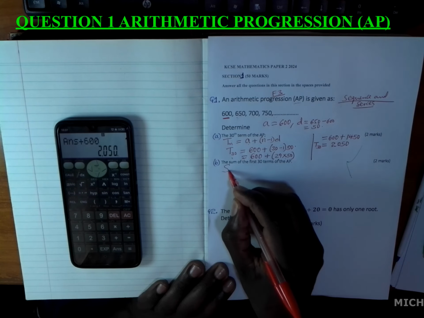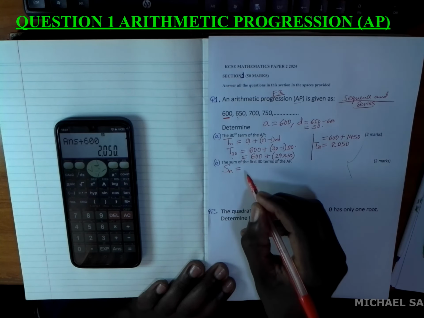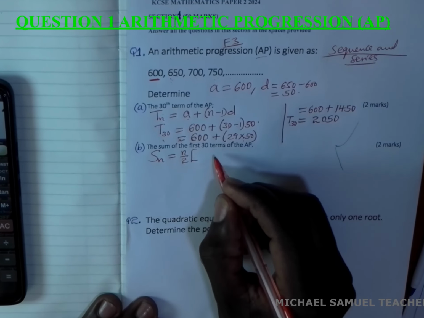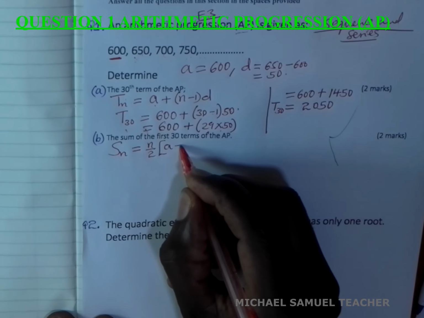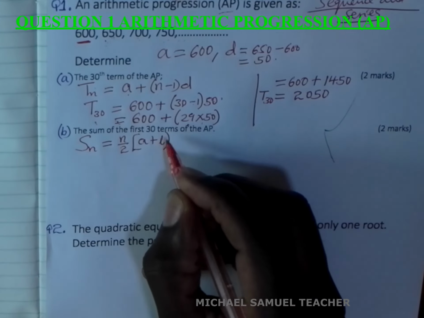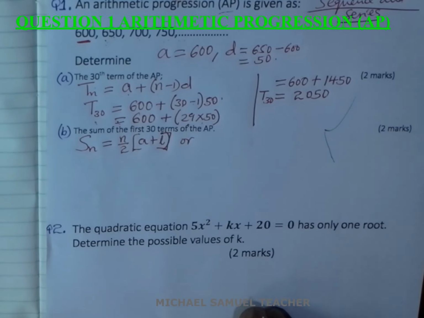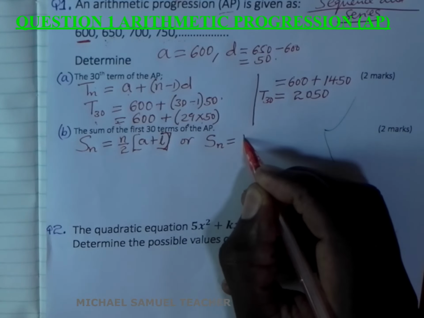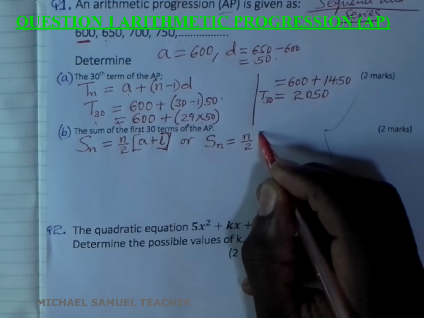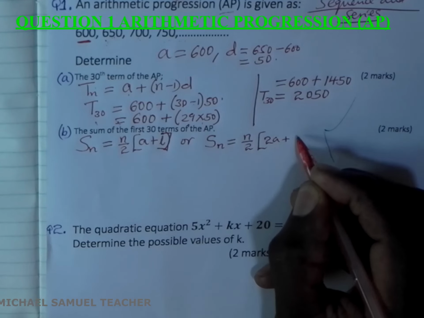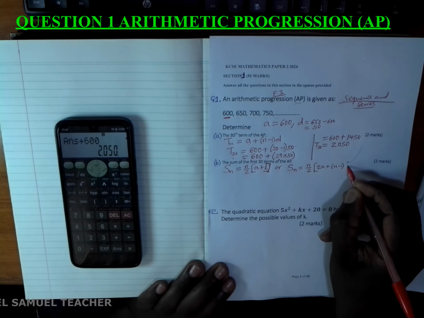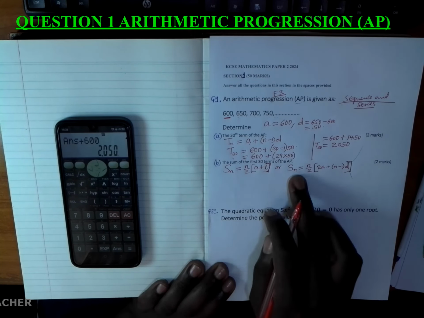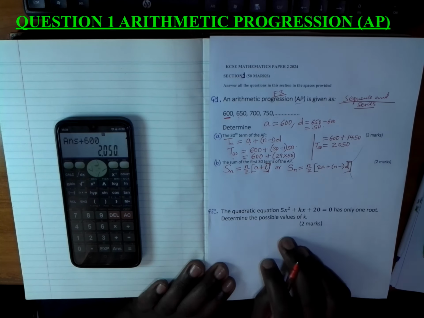The sum of n terms of an AP is given by n over 2, open the bracket, we have A plus the last term, L. Or the other way we could do it is the sum of n terms is given by n over 2, open the bracket, 2a plus, bracket n minus 1, close the bracket, multiply by d, close the bracket again. So we can choose either of the methods.